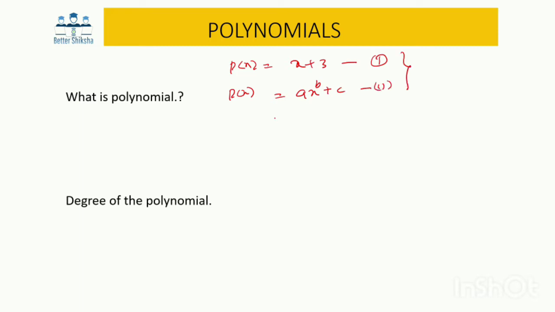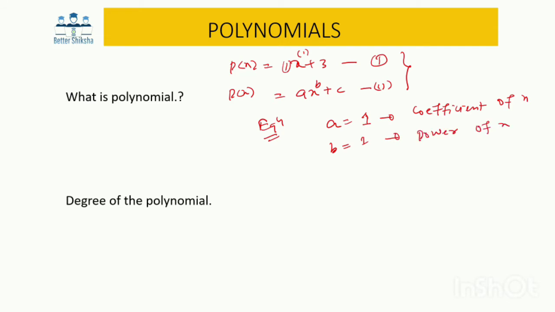Now by comparing equation 1 and equation 2, we can simply say that the a value comes to be 1 and the b value comes to be 1, right? Because if you look at these two equations, the coefficient of x is a. So the a value is 1 and the b value is 1. So this a term is called the coefficient of x, and this b value is known as the power of x, right?